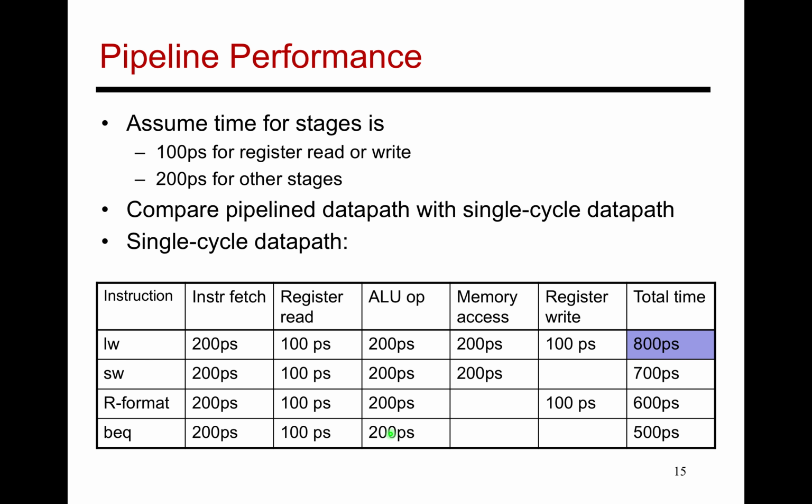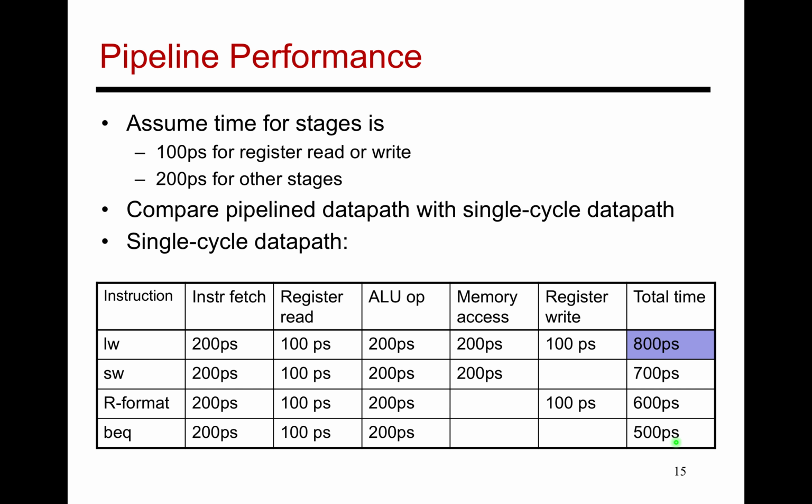The reason is that computation of the target address takes place in parallel with the ALU because we have two different adders: one main ALU, and then an additional adder. Because they operate in parallel, we don't pay any time penalty for calculating the target address. And that's why branch equal takes 500 picoseconds.